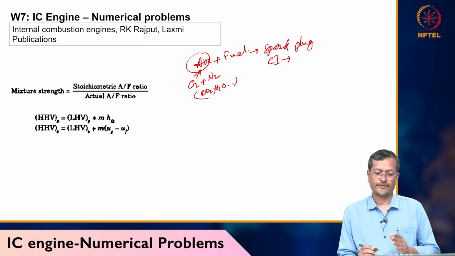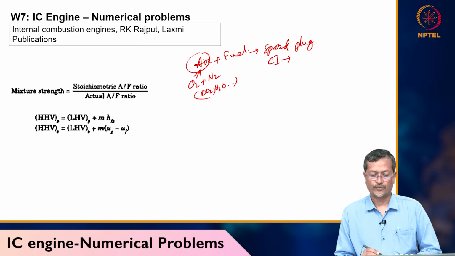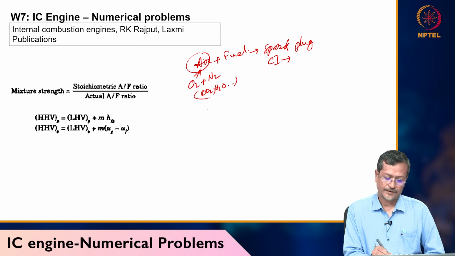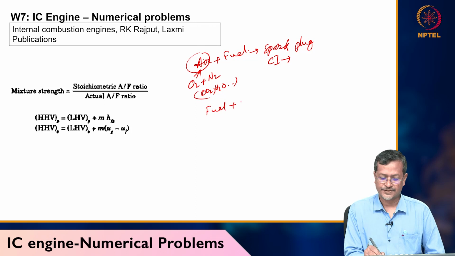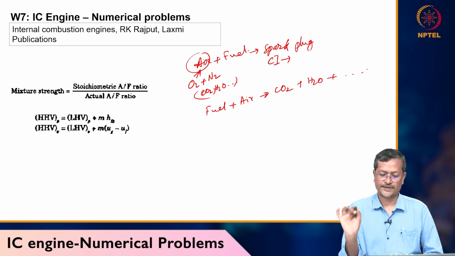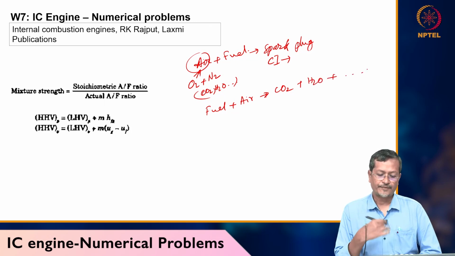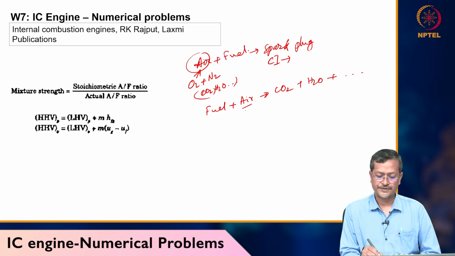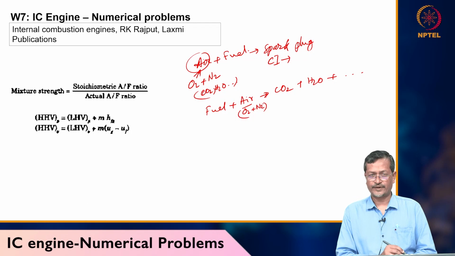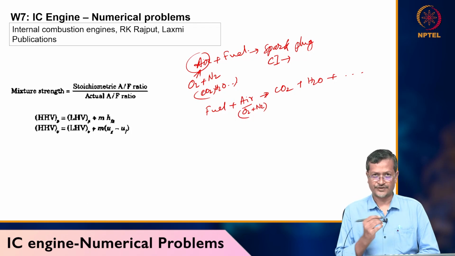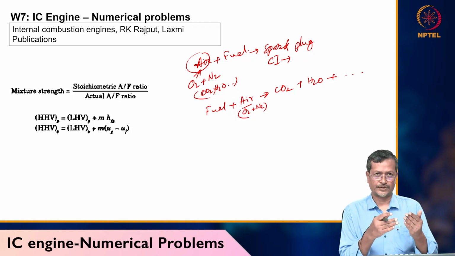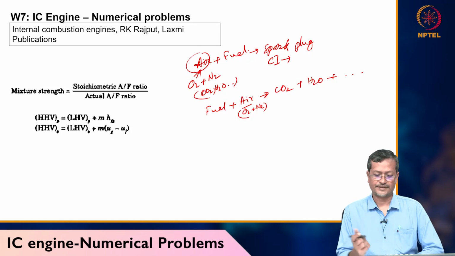Now, if we have a very high amount of air, what will happen? Fuel plus air produces CO2 plus H2O plus maybe some other components. If you have a higher amount of air, you have O2 plus N2. N2 is not giving you energy; O2 is giving energy, because O2 reacts with fuel and the fuel releases heat.